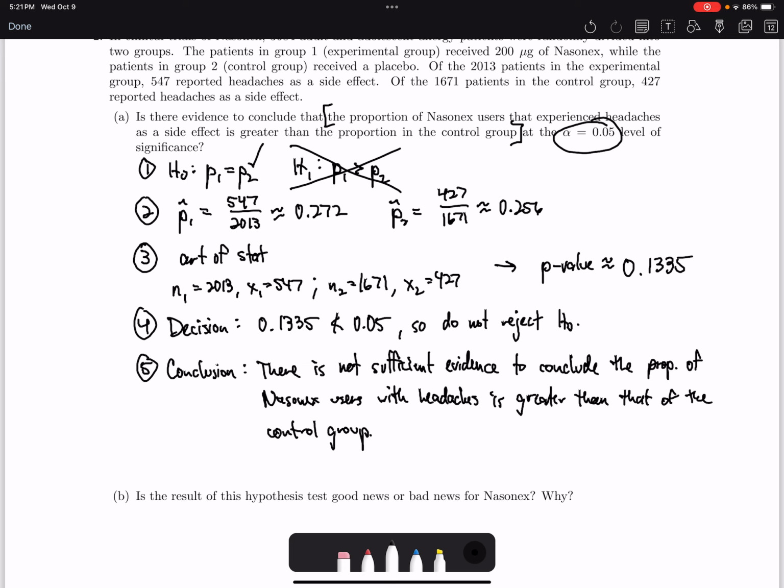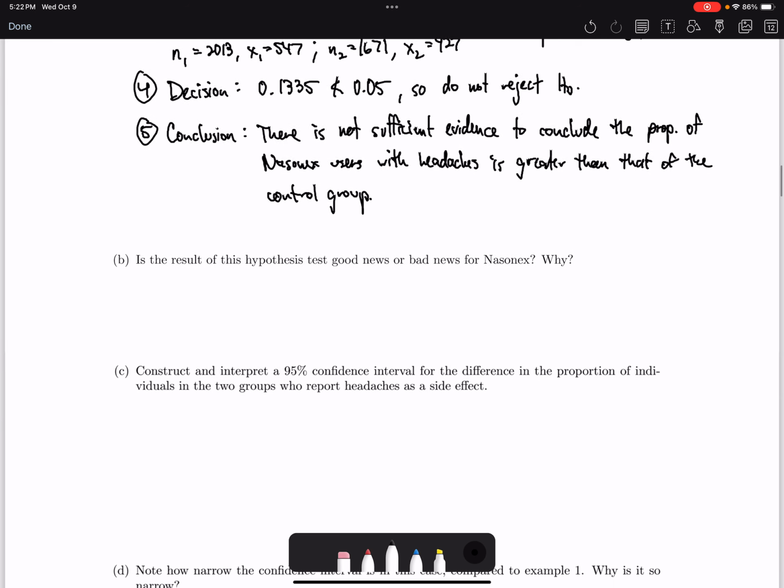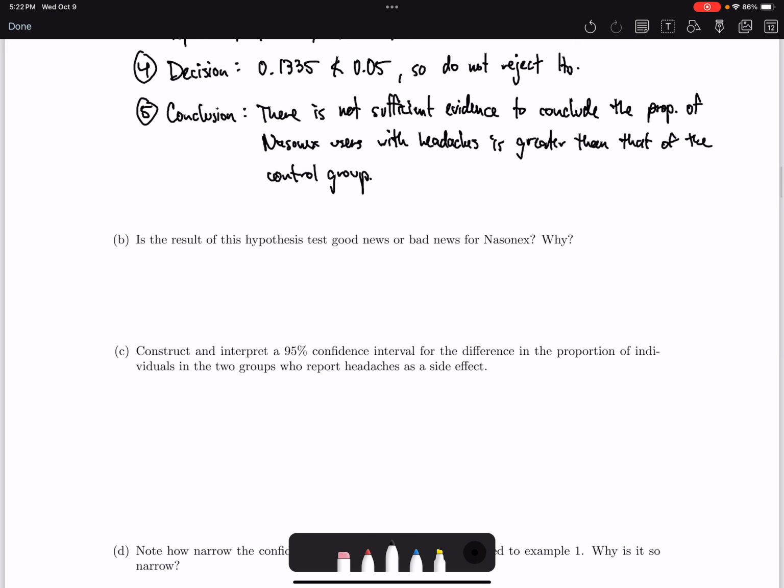But it seems that that's not really the case. We didn't reject the null hypothesis, which doesn't exactly mean that the proportions are the same, but loosely speaking, we could say, well, we don't have enough evidence to say that the proportions are different, right? So this is good news for Nasonex. It means that they weren't convicted, right? They sort of won their day in court, I guess you could say.